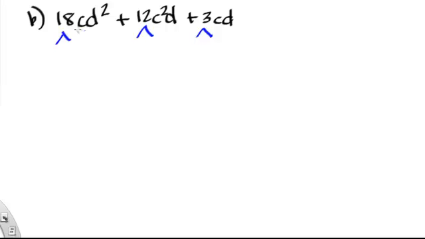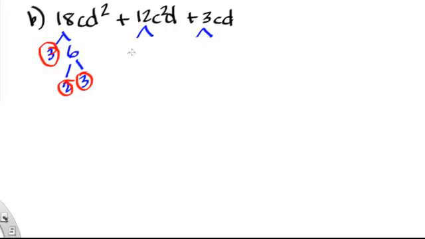So I start by finding the factors of 18. Factors of 18 are 3 and 6. Since I'm done factoring with 3, I'm going to circle it. I can still factor that 6. Factors of 6 are 2 and 3. And since I know I'm done factoring the 18, I circle those terms.